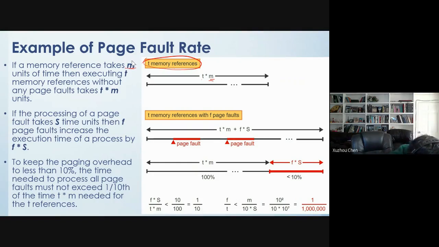Okay, now if you have T memory references with F page faults, and the process of a page fault takes S time, that's the process of a page fault, and that's the process of just a page reference, the memory reference time.